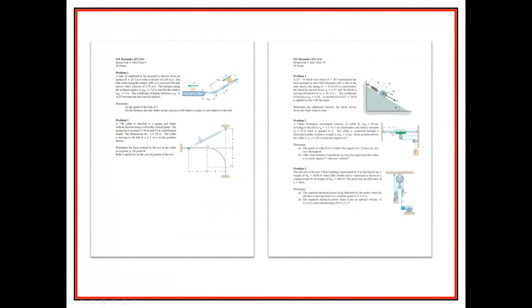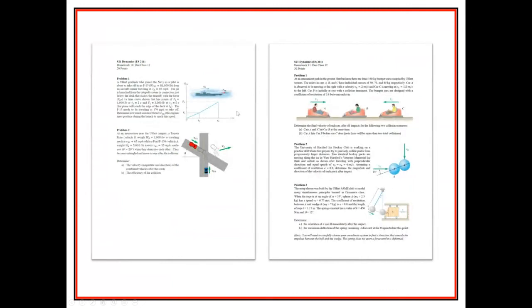That's a good problem for work and energy. And there's more work and energy, and then this was a power and efficiency problem. Here was an impulse and momentum problem. Here was a preliminary collision problem where the trucks stuck to each other, so you didn't need the coefficient of restitution. And here was a problem where we had impact, just a simple impact.